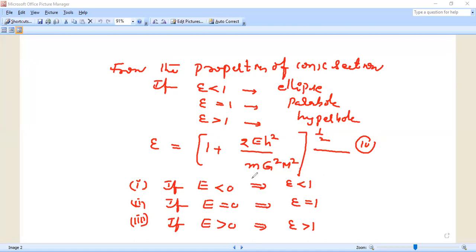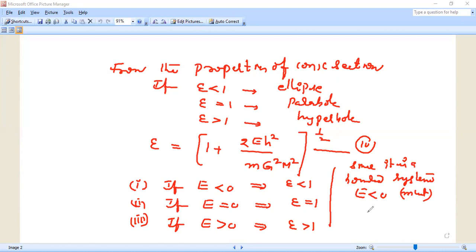As far as our problem is concerned, that is for planetary system, it is a bounded system. Okay. So since it is a bounded system, because the planet revolving around the sun is subjected to the attractive force, therefore it is a bounded system. If it is a bounded system, then total energy must be less than 0, negative, right?